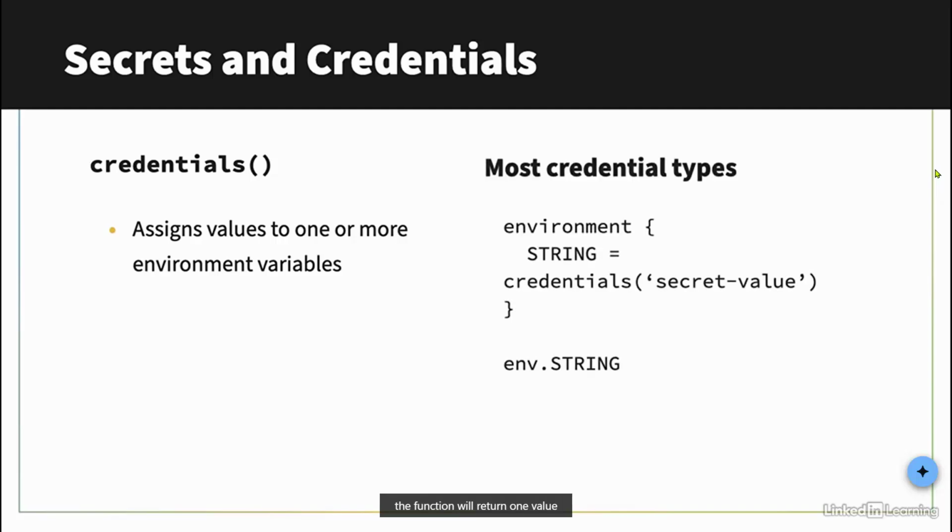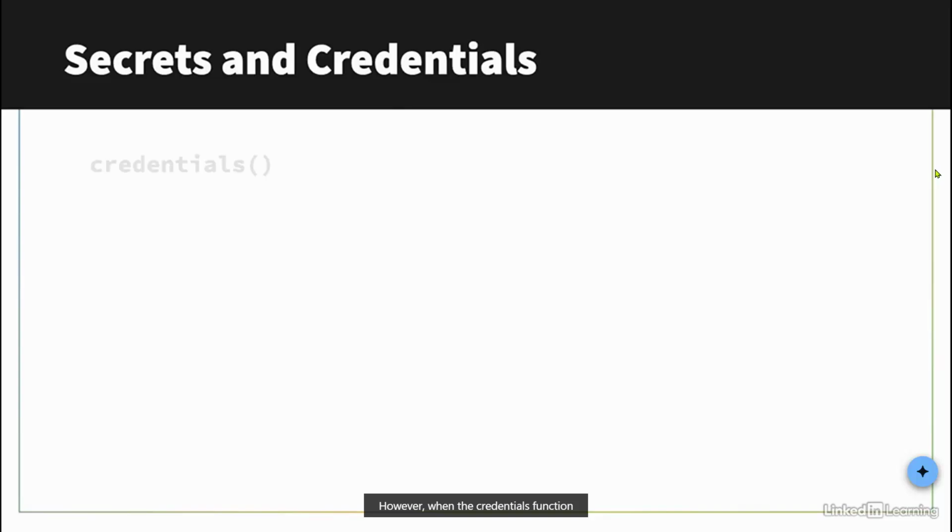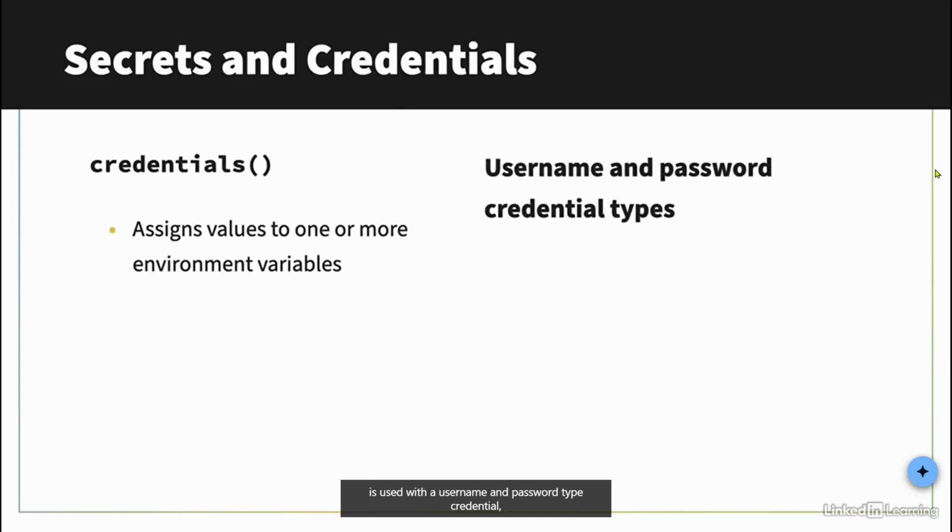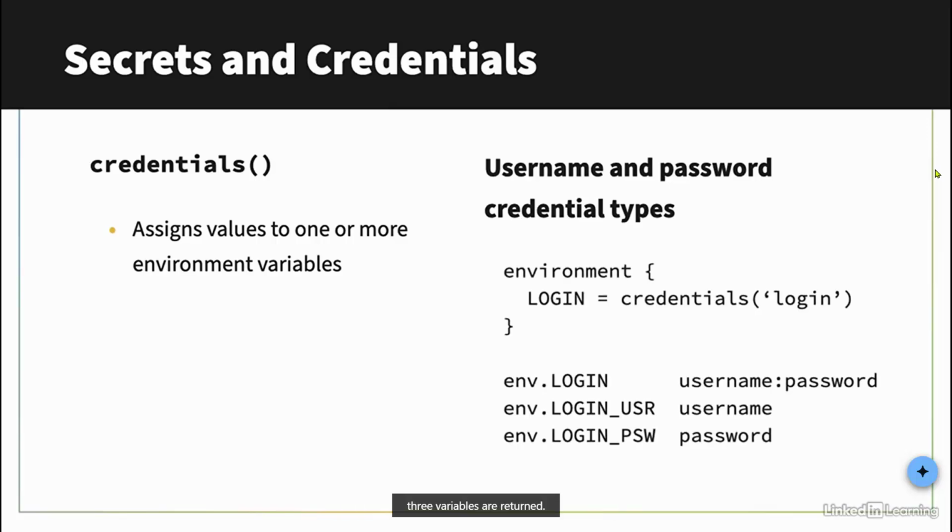For most credential types, the function will return one value containing the sensitive information. However, when the credentials function is used with a username and password type credential, three variables are returned. The variable specified in the function call will contain both the username and password separated by a colon.